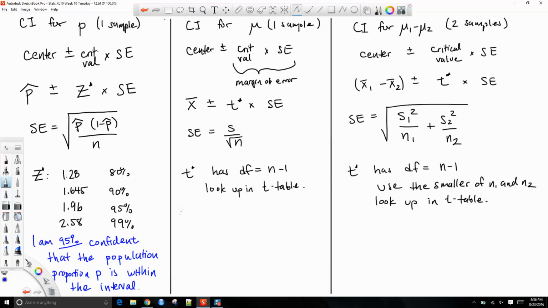Over here we'd say I am blank percent confident that the population mean is within the interval.